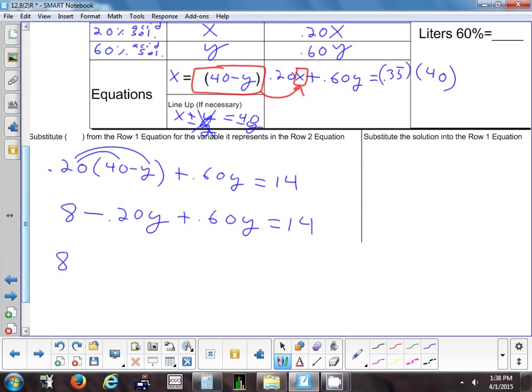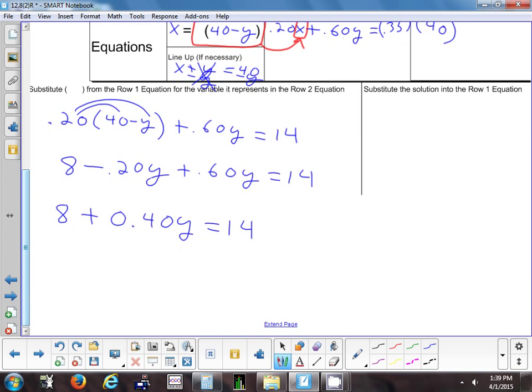Yeah, we're going to combine those y's. Negative 0.20 plus 0.60. If you type that in on your calculator, anybody think you know what you're going to get? 0.40. Okay, good. Two steps left.